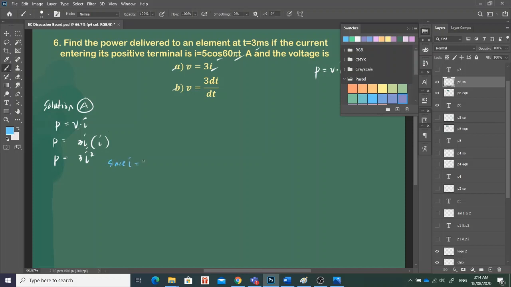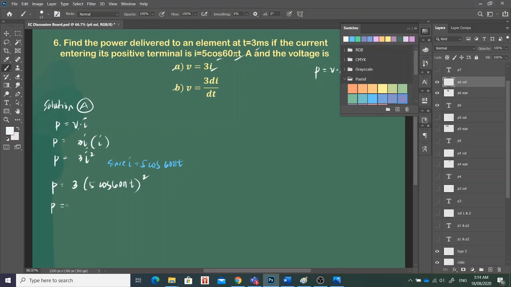Since I is equal to 5 cosine 60 pi t, substitute natin. 3 times 5 cosine 60 pi t, squared.